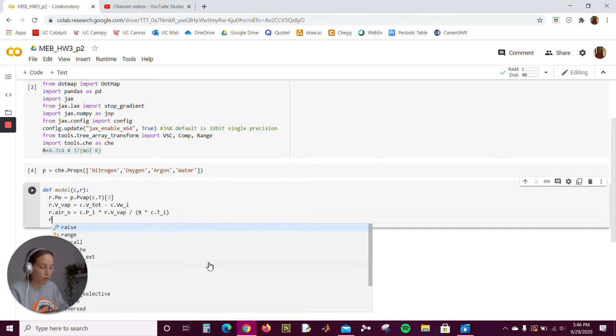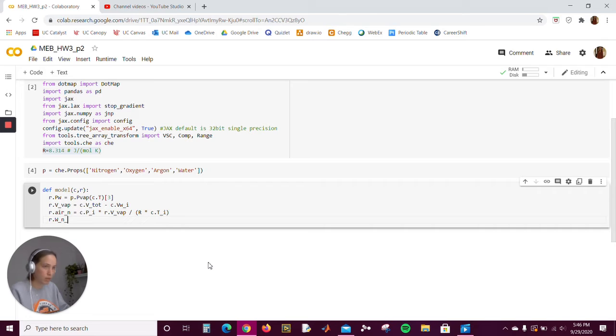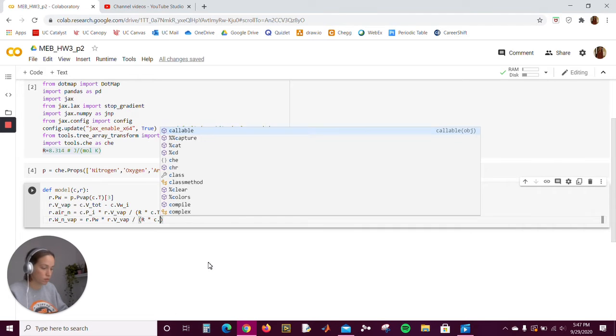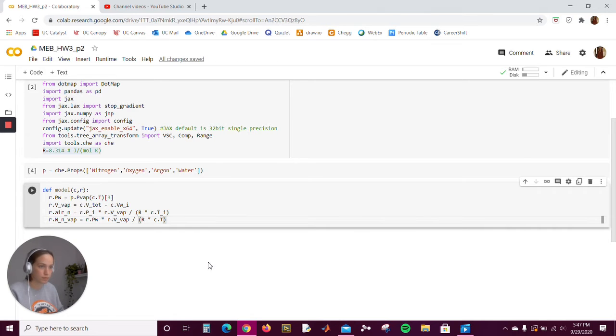So let's do R dot W and that equal to the partial pressure of water, PW, times the volume of the vapor phase, R dot, divided by RT.